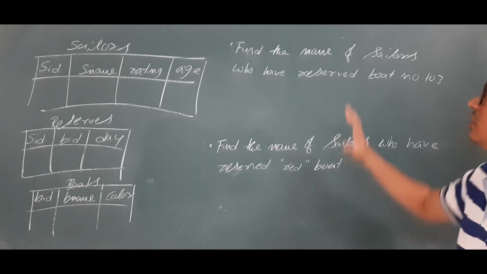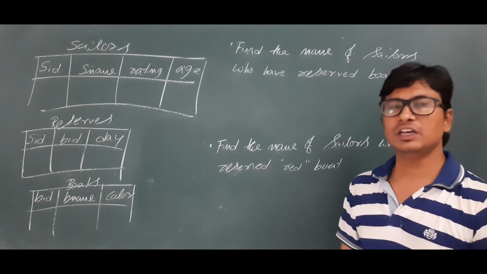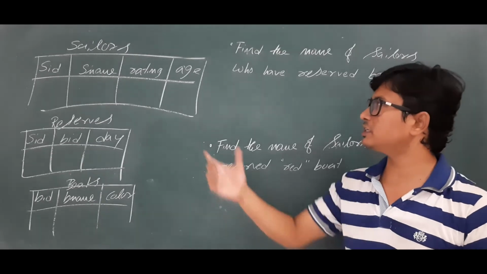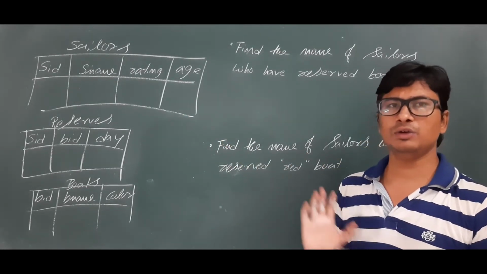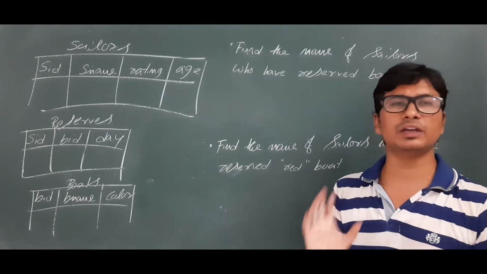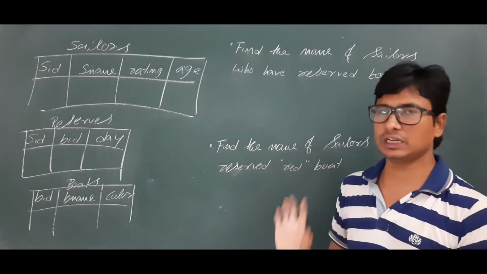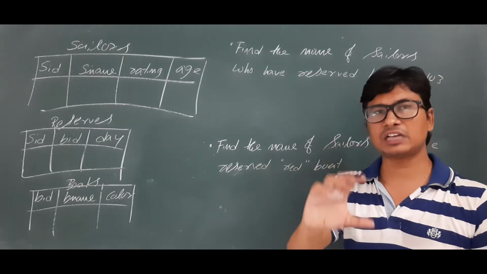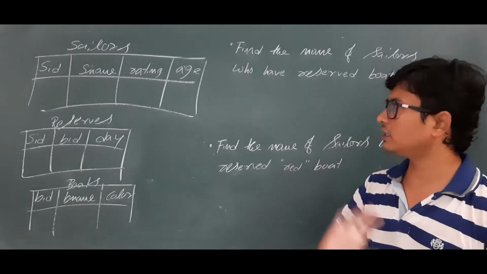Can I retrieve this information using a single relation or not? If you can, it is a very simple task. You will use the selection operator with the condition on the relation, and on top of that, if they are asking for some of the attributes, you will use the projection operator.